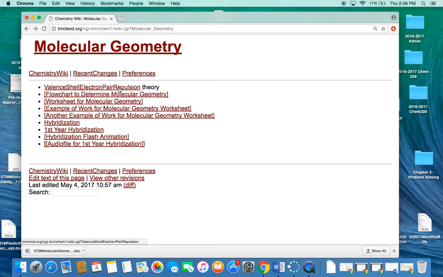And what that means is that if you think of atoms as negative spheres, because the electrons are on the outside, you say that every atom is a negative sphere, and every bond, and it doesn't make a difference what type of bond, single, double, or triple, is a string.